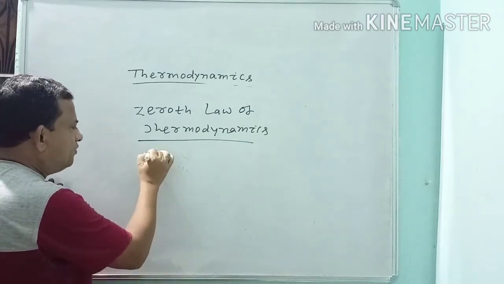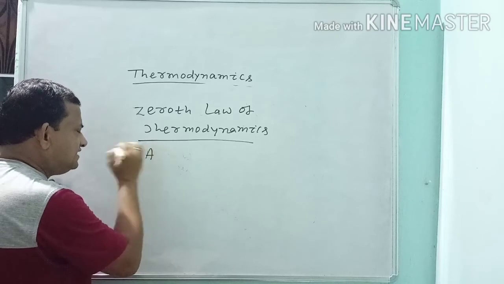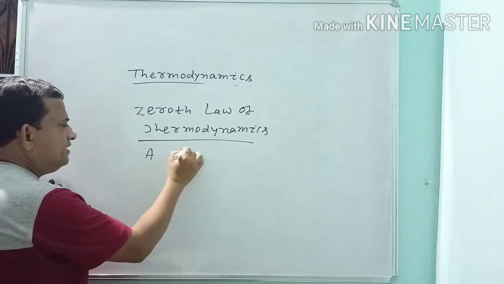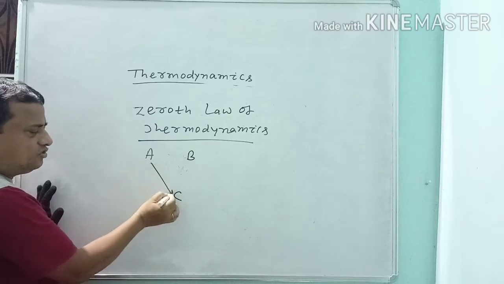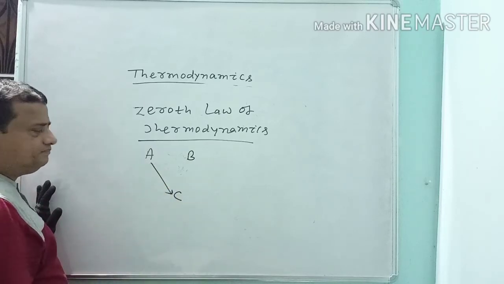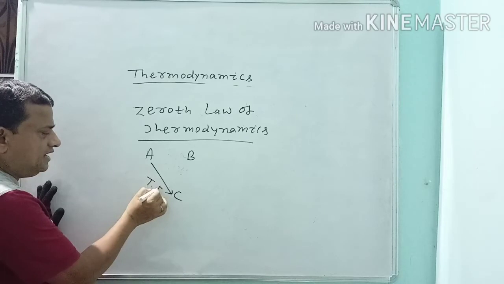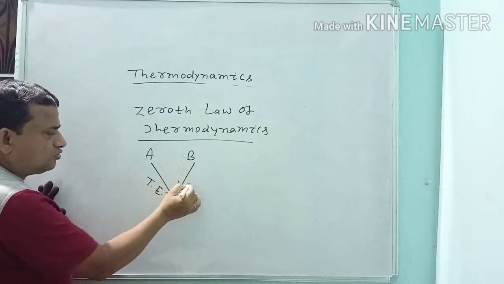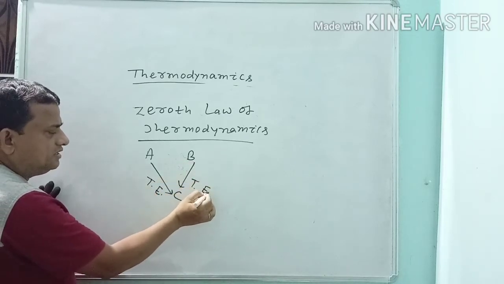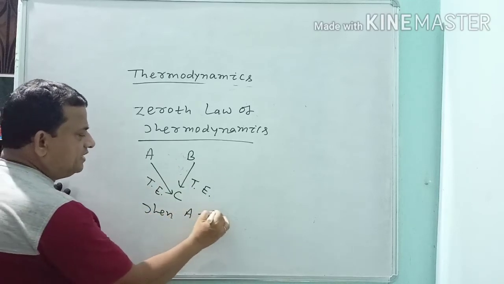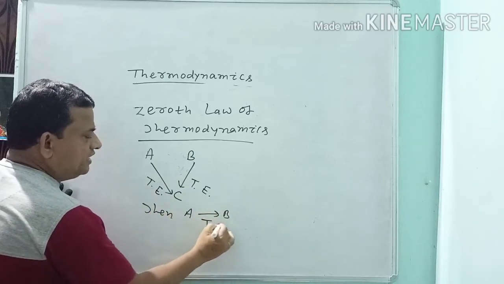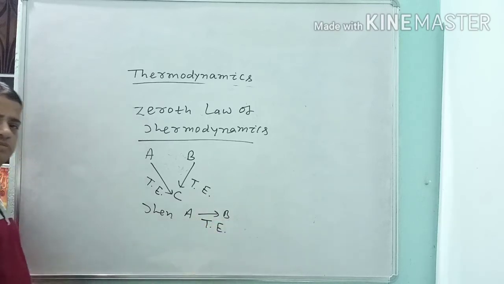Suppose A is a system, B is a system, C is a system. If A is in thermal equilibrium with C, and B is also in thermal equilibrium with C, then A and B are also in thermal equilibrium.